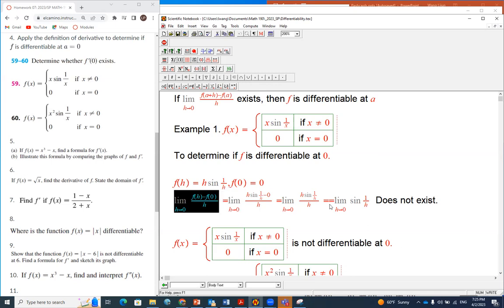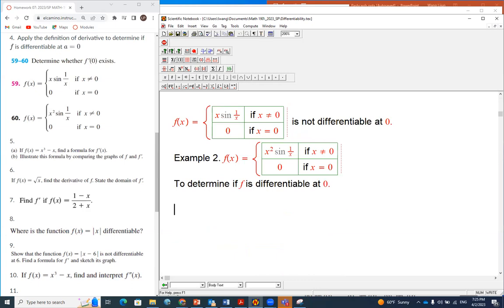We're going to apply the definition. f of h this time, when h is approaching 0 but not 0, is going to be h squared multiplied by sine of 1 over h. And f of 0, of course, is 0.